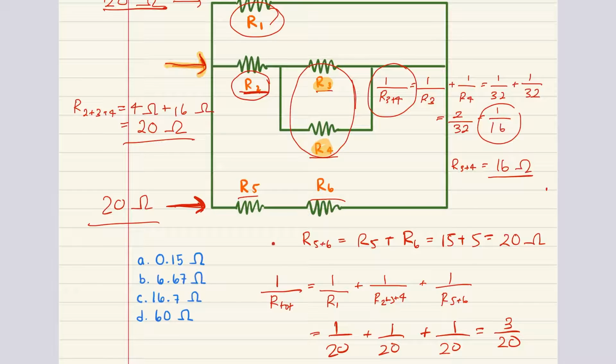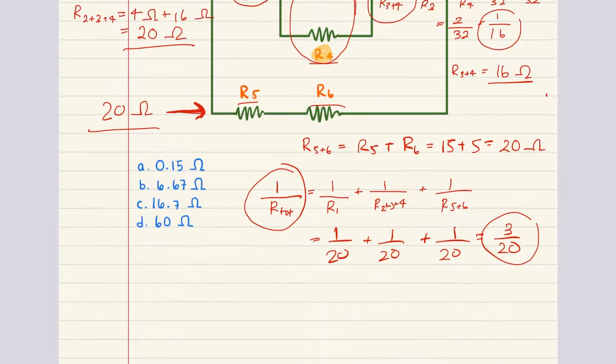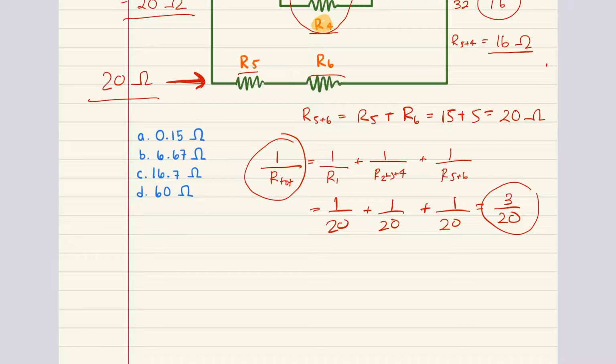Remember, this is equal to 1 over the total resistance. So we want to take the reciprocal of both sides of this expression, and we're going to get that the total resistance is equal to 20 divided by 3, which is approximately equal to 6.67 ohms. And that best aligns with answer choice B. So the correct answer for problem 6 is B.